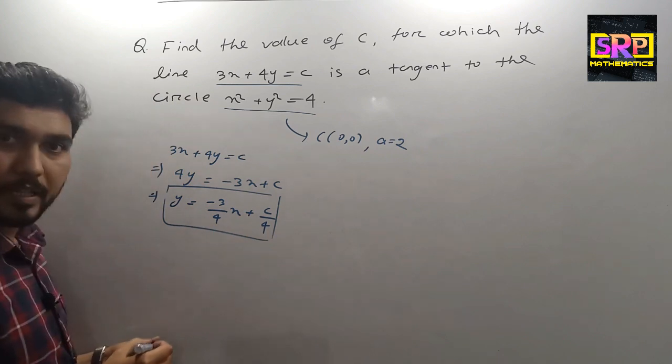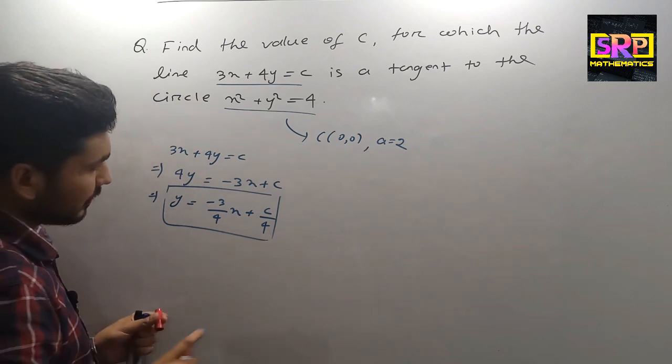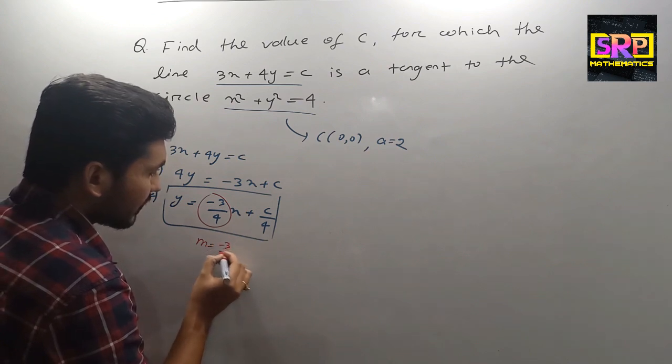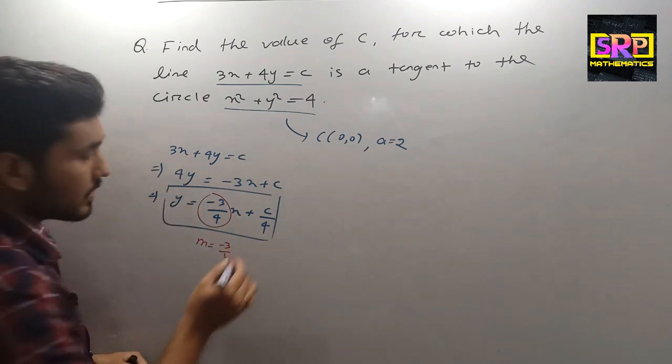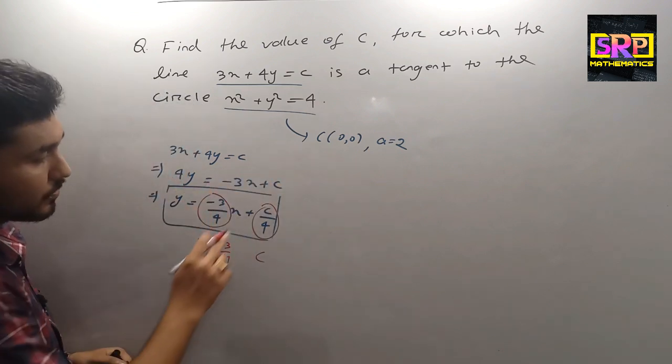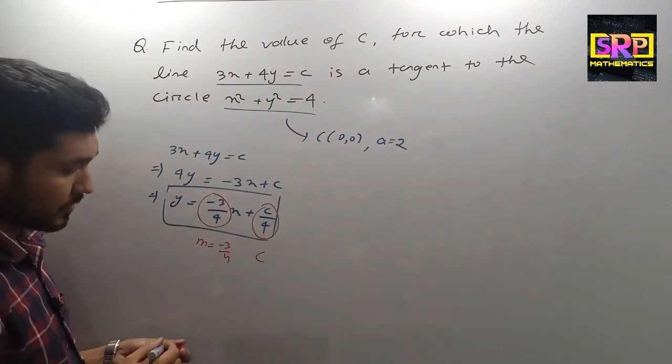And if we compare it, this is my slope, so m is equal to minus 3 by 4, and the y-intercept is c by 4.